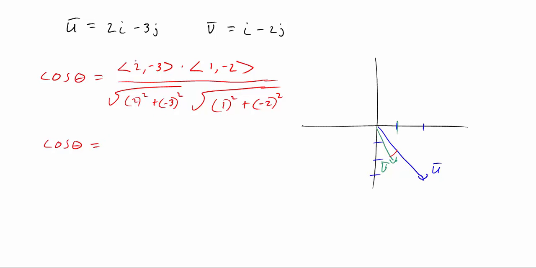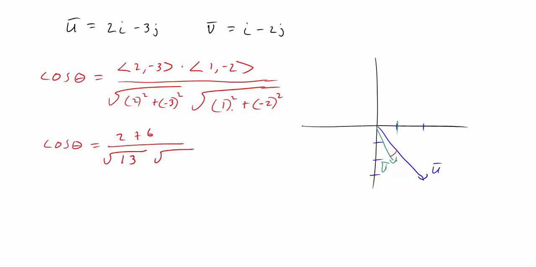So the dot product, we're going to take 2 times 1, so we're going to get 2, plus negative 3 times negative 2 would be a positive 6. So we get 2 plus 6. And then on the bottom, we have the square root of 2 squared plus a negative 3 squared, so that's 4 plus 9. So there we're going to end up with the square root of 13.